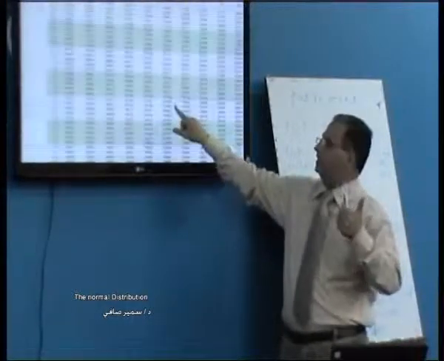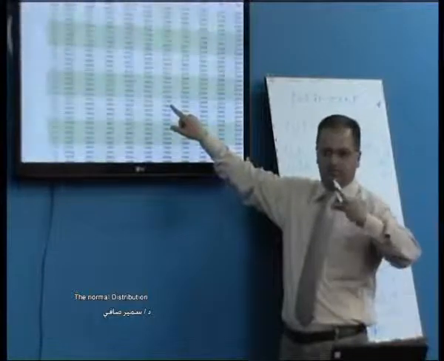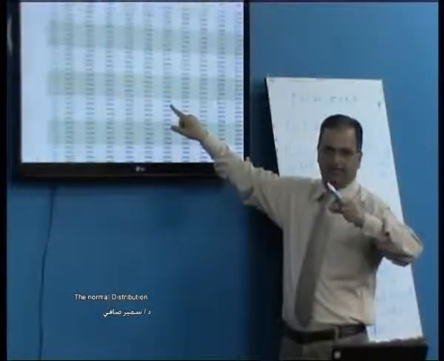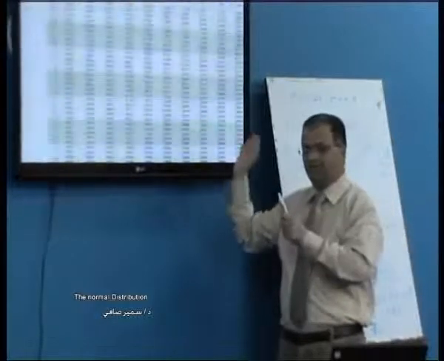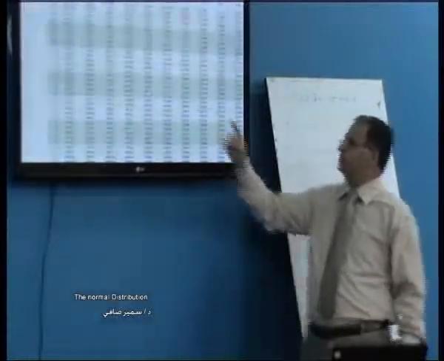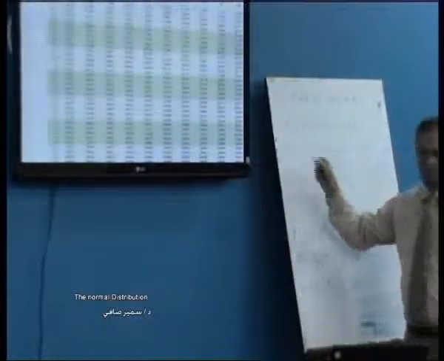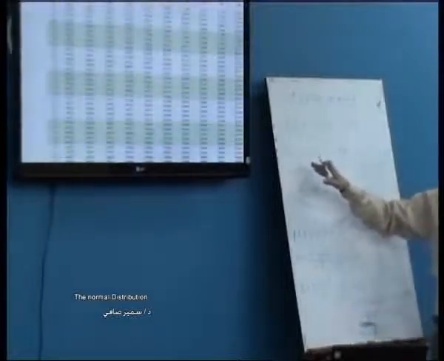So either you can take 9798, which is closer to 98% than 9803, because this is 3 distant apart. So maybe we can take this value. Again, if you take the other one, you will be okay. So you take either 2.05 or 2.06.